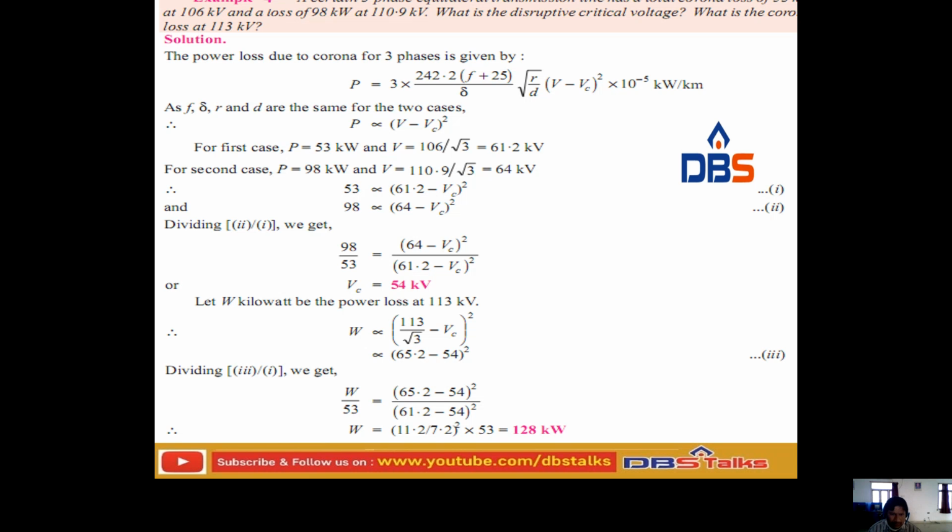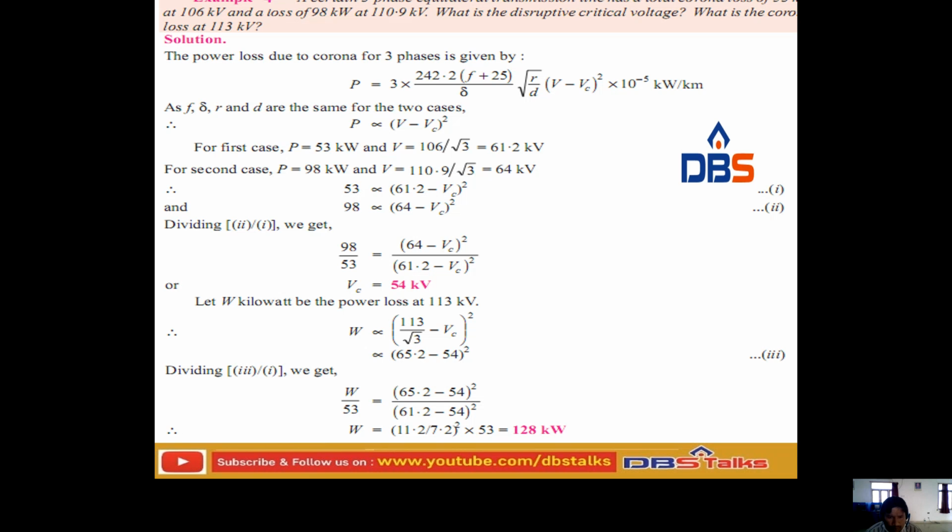So, also another problem. This is also what is the critical disruptive voltage and what is the corona loss at 113 kV. That is nothing but the supply voltage is 113 kV, and some confusion is there.